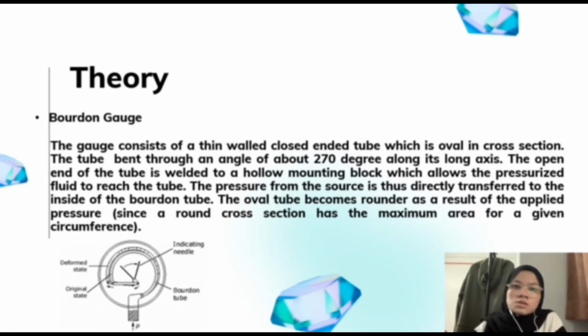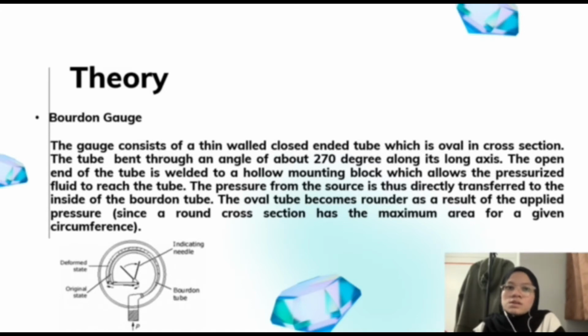The Bourdon tube begins to uncurl as it becomes rounder. A system of linkage and levers transmits this motion to the gauge needle, which moves over the scale.